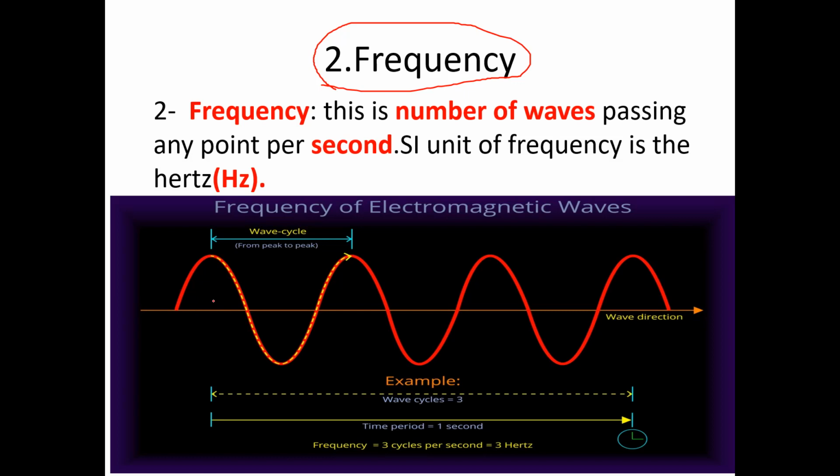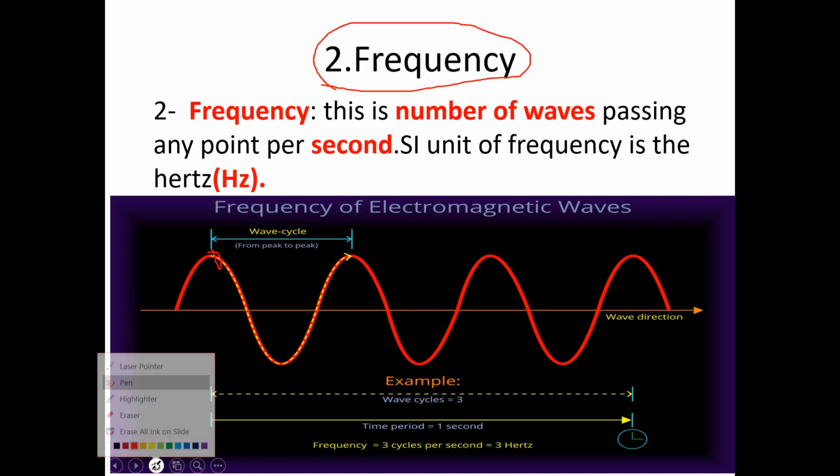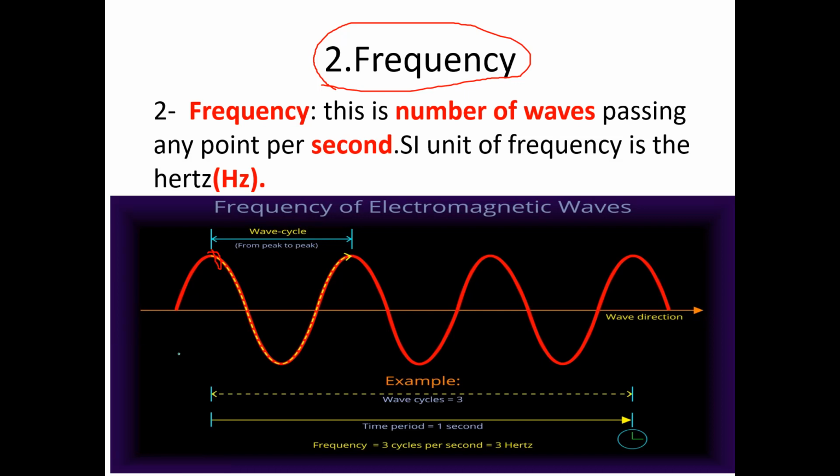Let's take this point as the specific point, or the certain point, and we will see how many waves it passes during a specific time, which is 1 second.